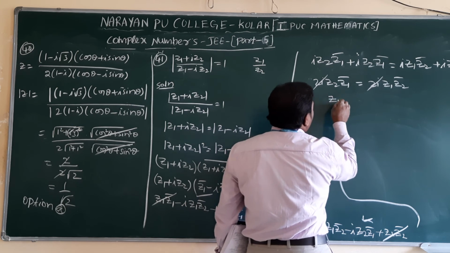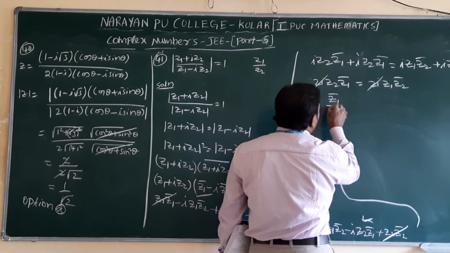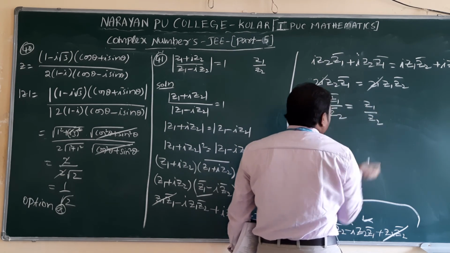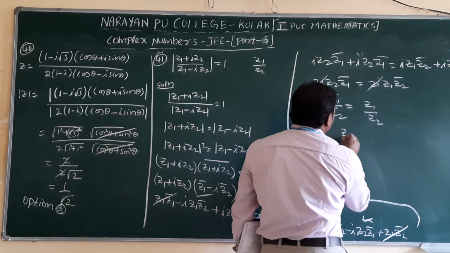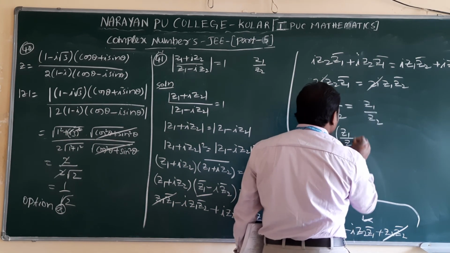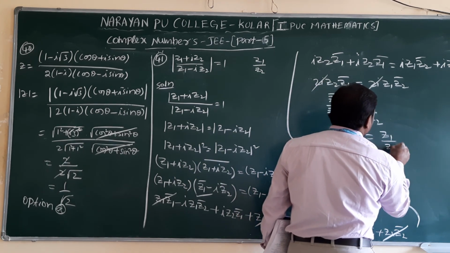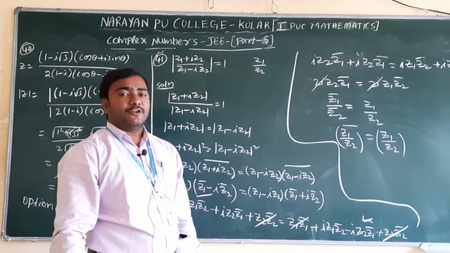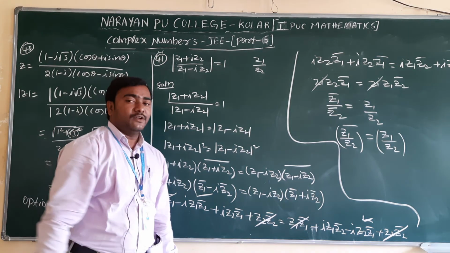Now z1 bar divided by z2 bar, taking this side, is equal to z1 by z2. It can be written like this. So z1 by z2 whole bar is equal to z1 by z2. Already we know that if z is equal to z bar, it is purely real, so the imaginary part should be 0.